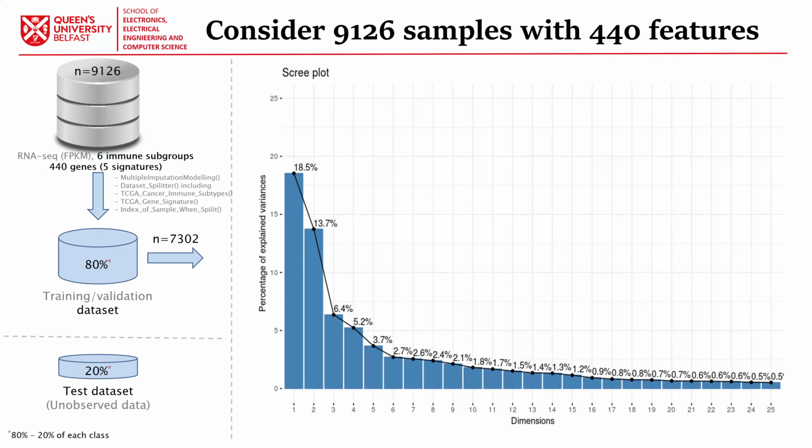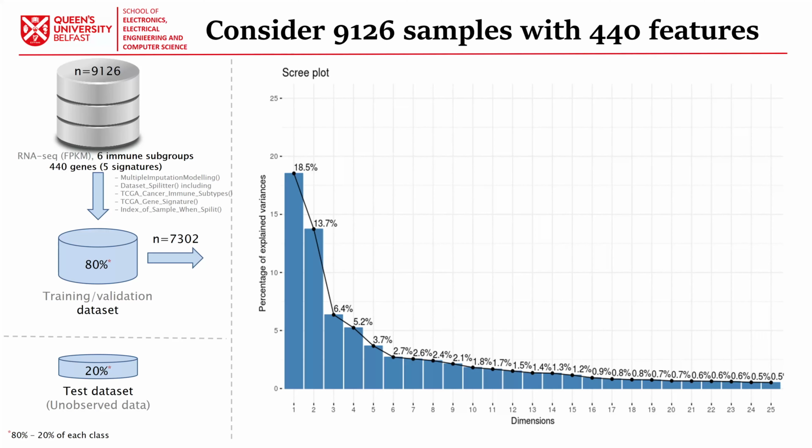That's why I use this as an unobserved or test data set as part of validation for data analysis and machine learning techniques. So this 80%, as you can see, is 80% of each class, not 80% of the whole data set. I use PCA to visualize and for some further analysis.